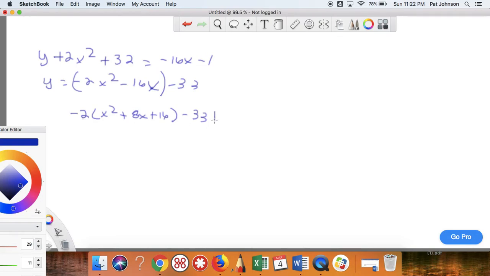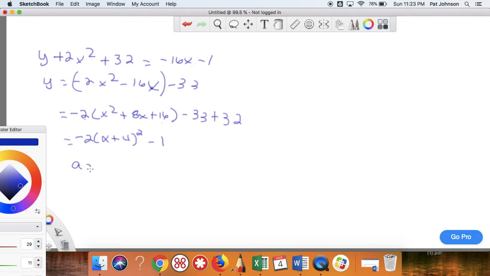The opposite is plus 32. So you have to do whatever you factored out times b over 2 squared, sign included, and take the exact opposite to add over here. So then I have -2 times (x plus 4) squared minus 1.